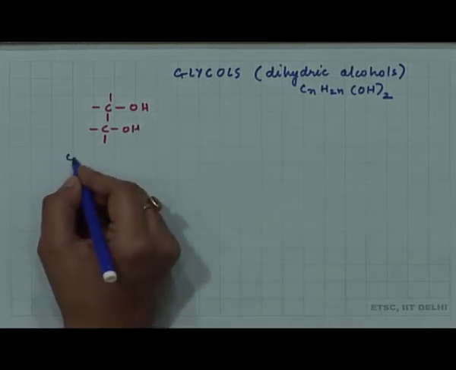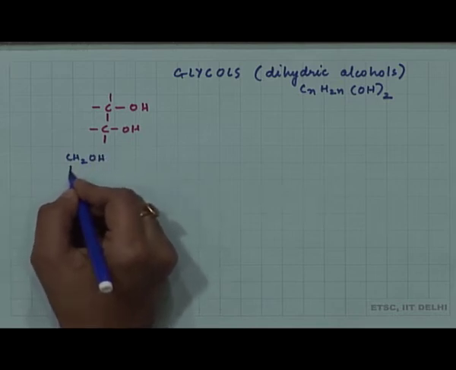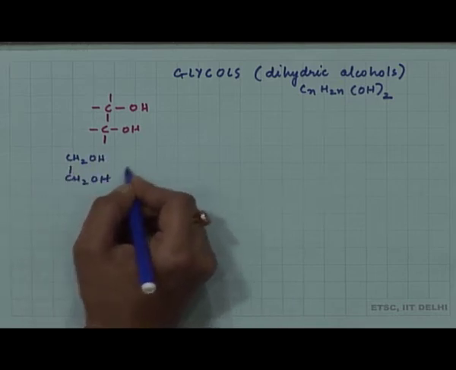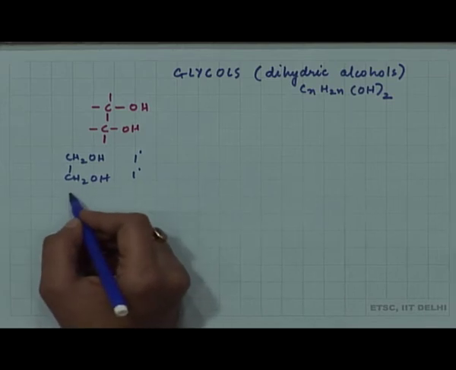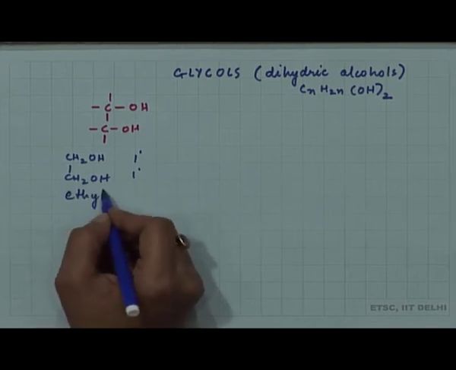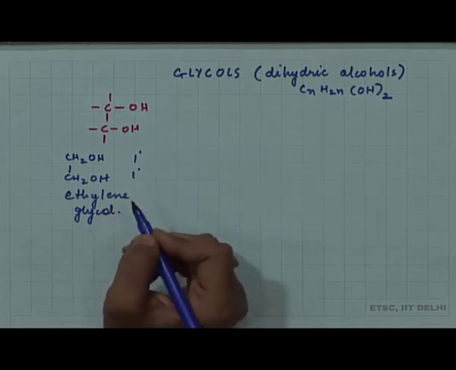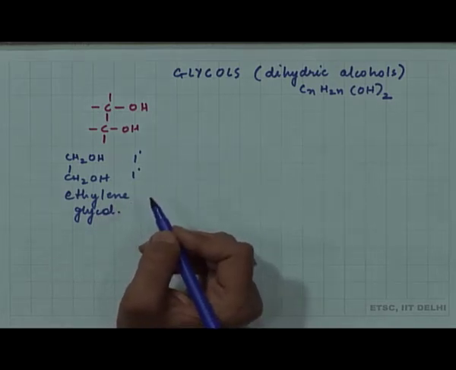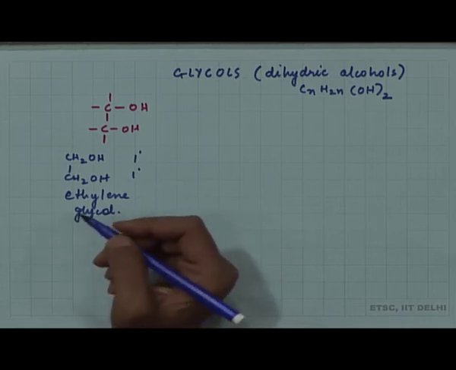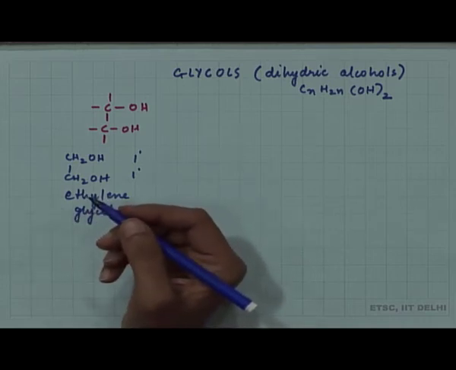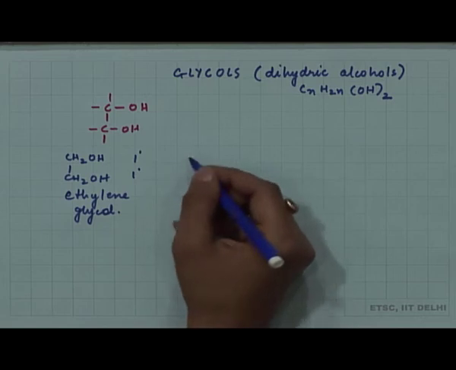If you have both primary, you call this ethylene glycol. We talked about even the physical properties of glycols, when talking about what the impact is on the boiling points of molecules that have more than one hydroxy group, by virtue of the hydrogen bonding.